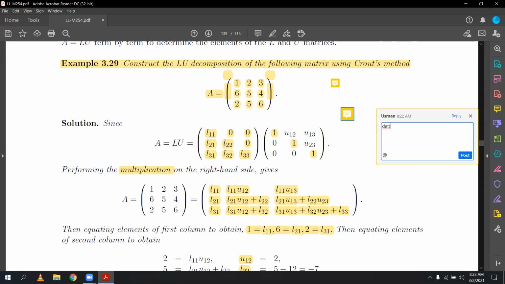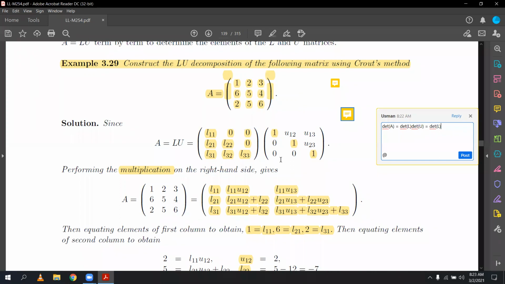Determinant of A equals determinant of L times determinant of U, right? Can you give me the determinant of U? 1. So it means this is equal to the determinant of L. This is the thing I want here now.